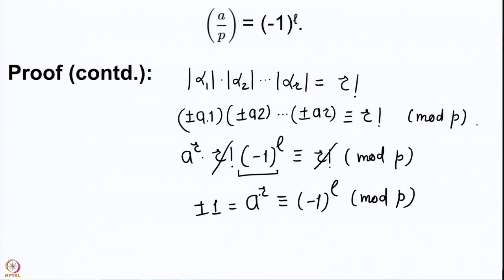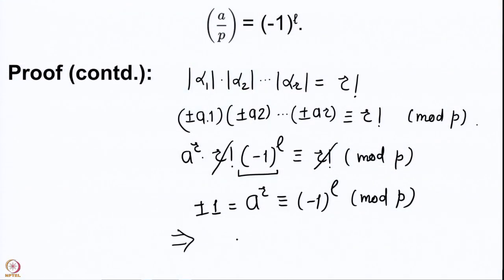So, Euler's criterion tells you that (a by p), which is a power (p minus 1) by 2, is congruent to minus 1 power L mod p. p is an odd prime, you have plus minus 1 congruent to plus minus 1 mod p, that tells you that both the sides of this equation will have to be the same. And we thus complete this proof.